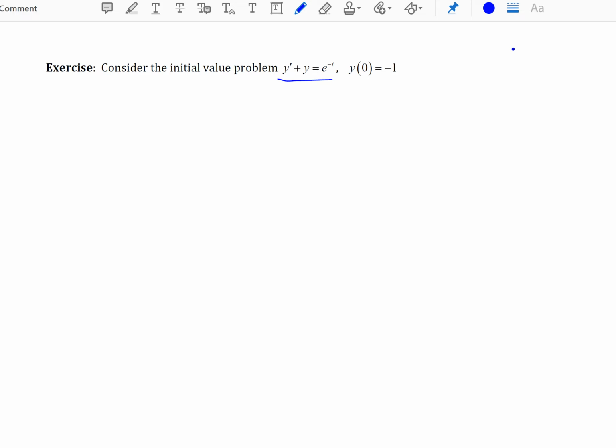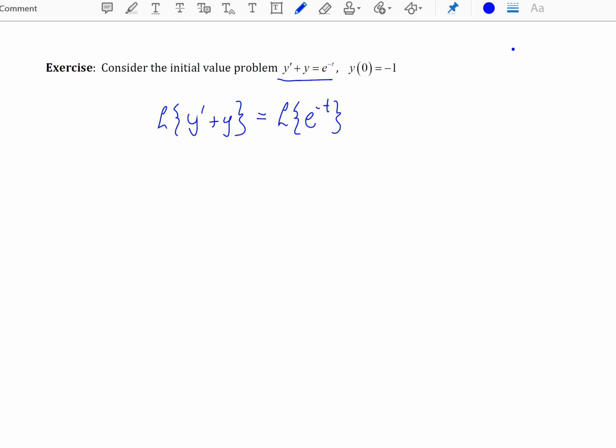Okay, I hope you paused the video and gave this a try. Let's see how we did. So here, let's first apply the Laplace transform to both sides of our differential equation.